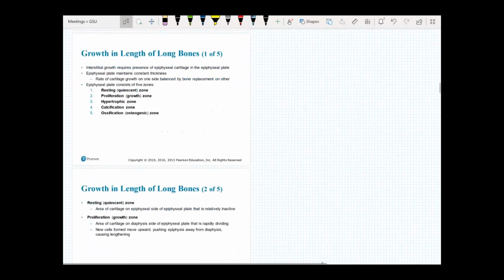But how do you actually have growth in your long bones? This is also a kind of not 5-step process, but 5-area process. This is going to be in long bones, and that's going to be postnatal. What's going to happen here is this thing called the epiphyseal cartilage and the epiphyseal plate.